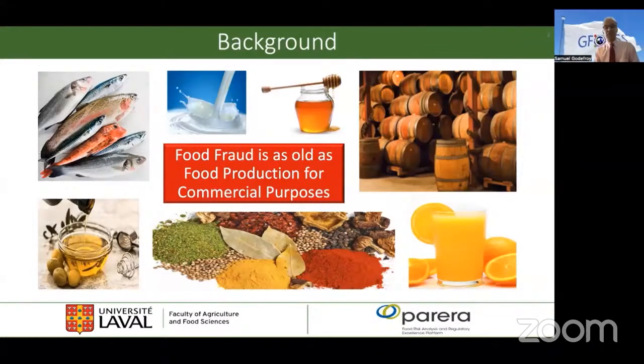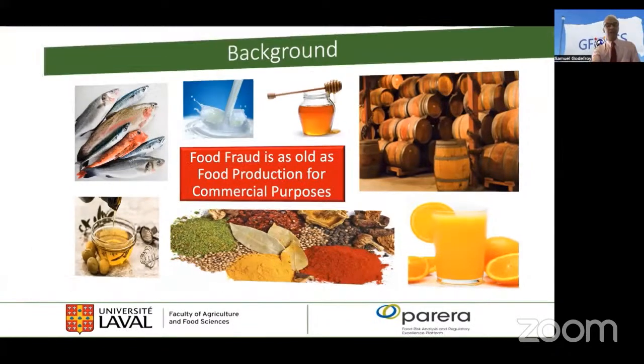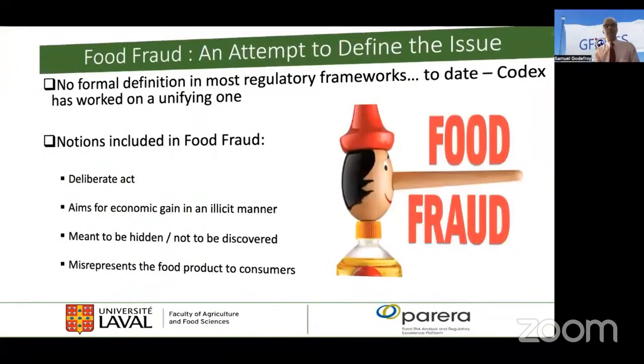And this slide offers a representation of the number of commodities that have suffered in the recent past, but even decades ago, from this phenomenon of food fraud: olive oil, spices, wine production, juices, or even the sale of fish and fish products.